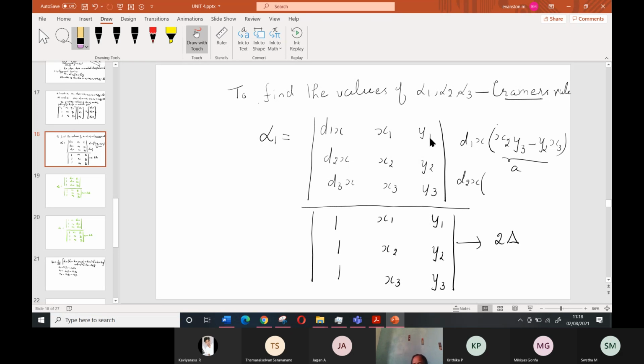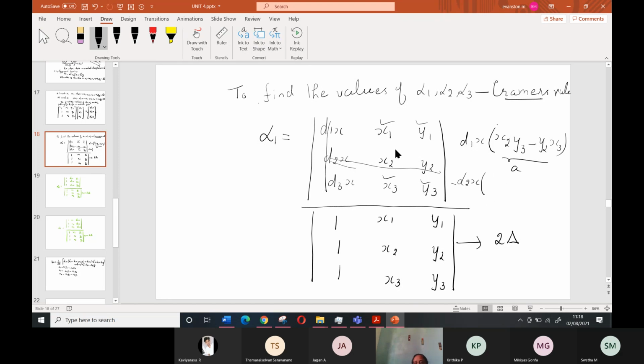If you take in this direction also, plus, minus, plus, then minus. So along with that, minus will come. So this is minus d2x into, when I am taking this d2x, I should not consider this row and this column. So I have to consider this. You remember what you studied in mathematics.